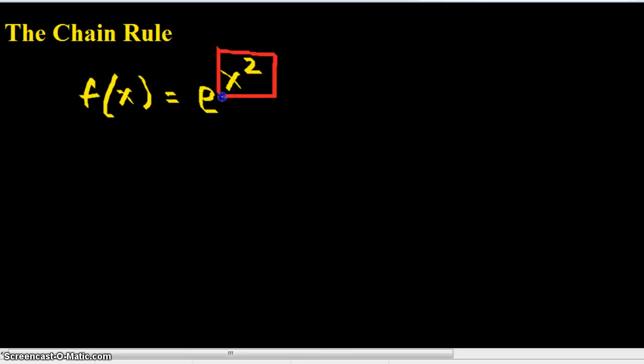This function right here is simply e to the power of something, and that something right now is my x squared. So what we have here is a quadratic function inside the exponential function.